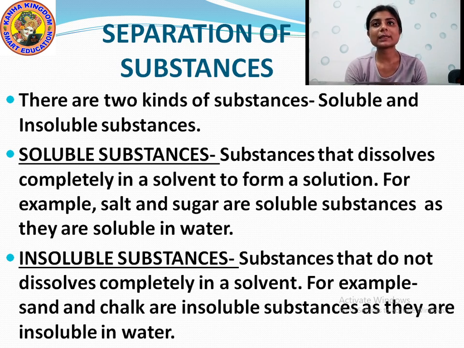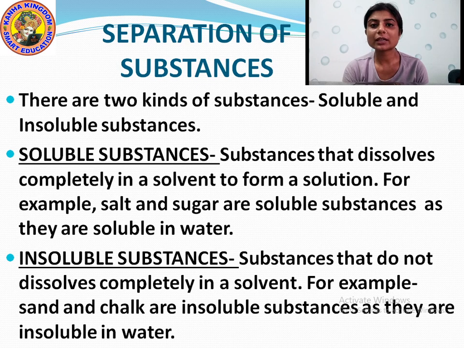See, what are soluble substances? Soluble substances dissolve completely in a solvent to form a solution. For example, salt and sugar are soluble substances as they are soluble in water. When you dissolve sugar or salt into water, you cannot differentiate the water and salt.